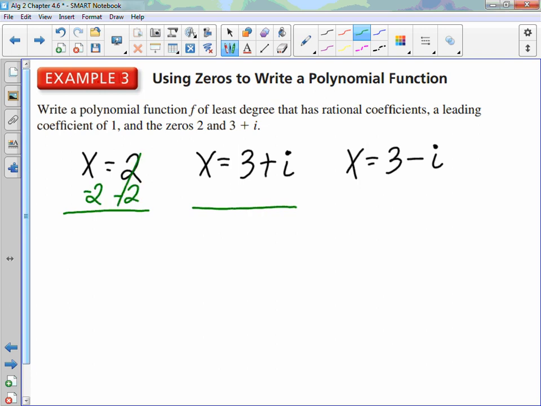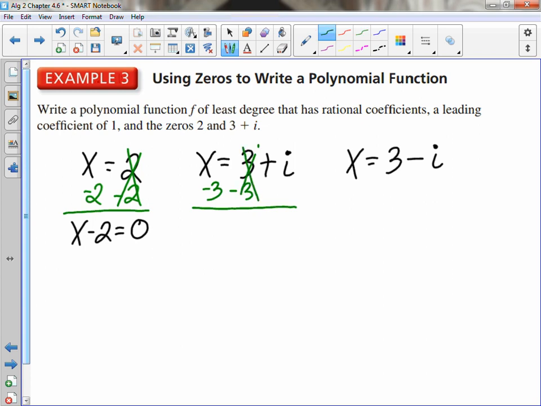So the first one here, we're going to subtract 2 from both sides. And when we subtract 2 from both sides, we'll get x minus 2 is equal to 0. That's done. We only had to subtract 2 from both sides. Now, if I look at the next one, x equals 3 plus i, I'm going to subtract 3 from both sides, so these will cancel.